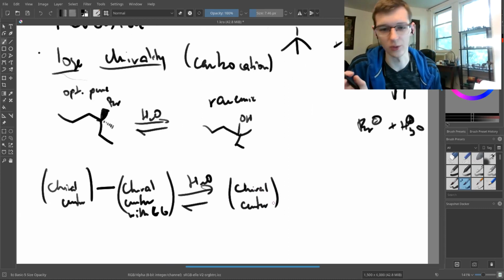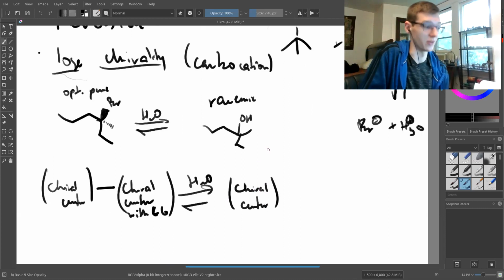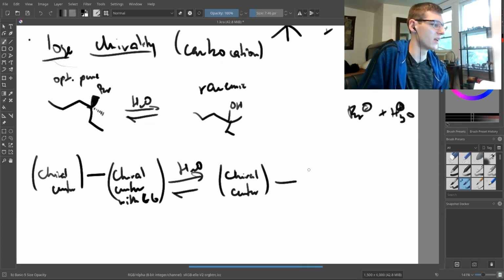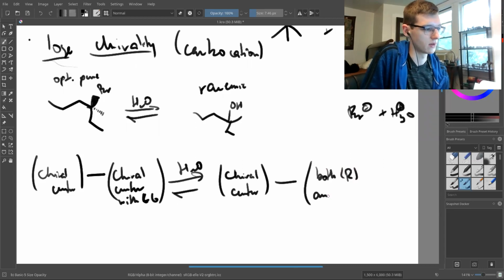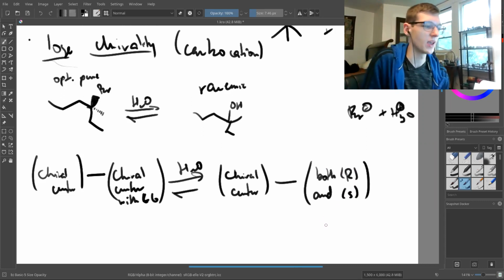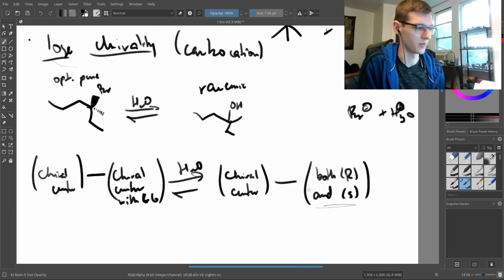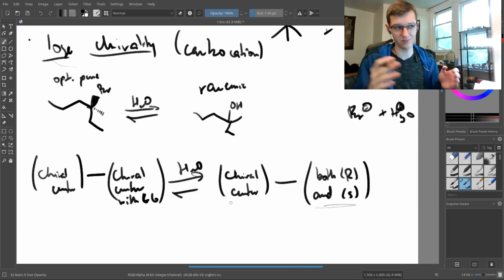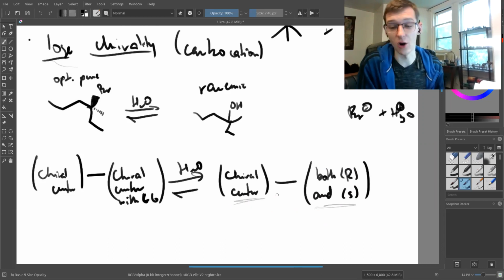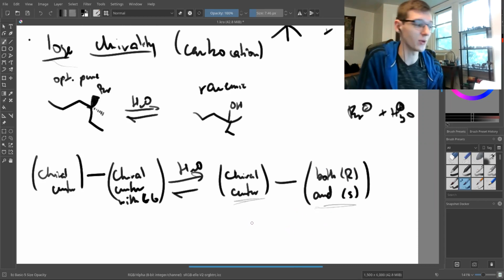There is no leaving group at this one, so it's totally fine. And then over here, this one's going to be both R and S. I did not say that it's racemic, because racemic means you have the 2 mirror images. Instead this chiral center always stays the same, and this one over here changes. So really you get 2 diastereomers.